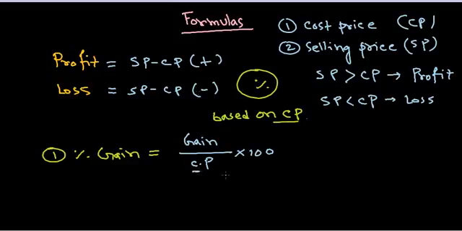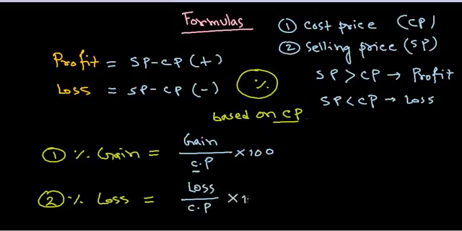That's why you see the cost price here. Now for percent loss, it's the same thing: loss divided by cost price, multiplied by 100. This is how people calculate percent gain or percent loss, and in both cases they use the cost price as the base. These are the major things you should know.